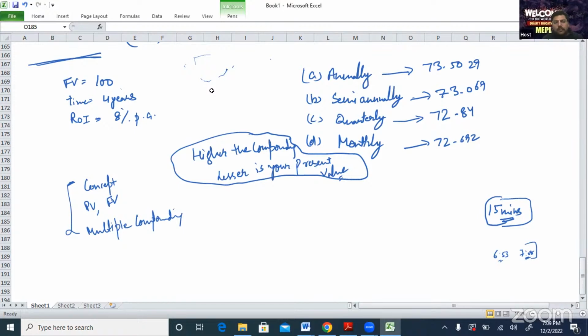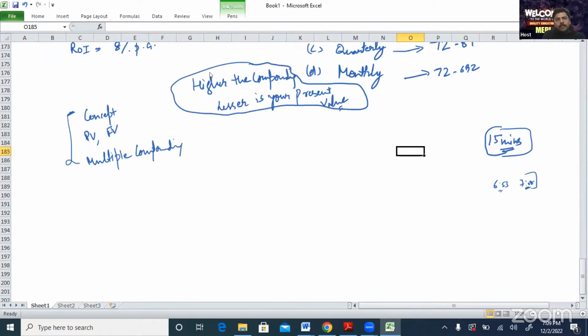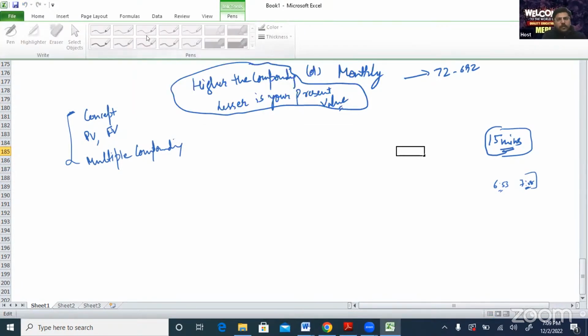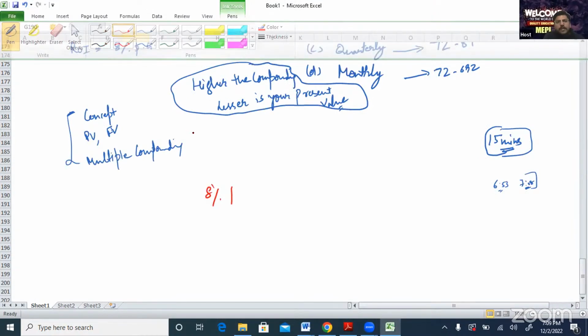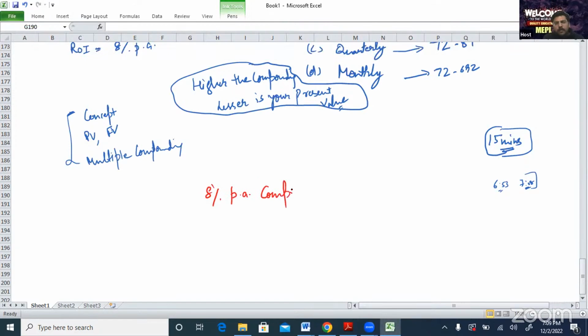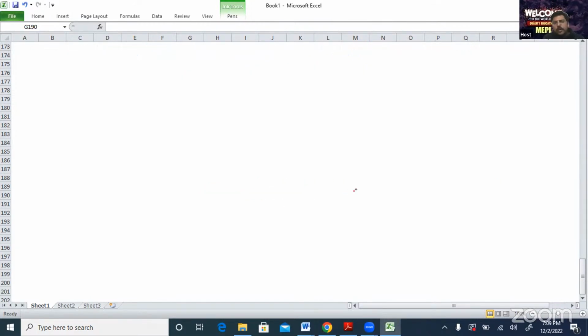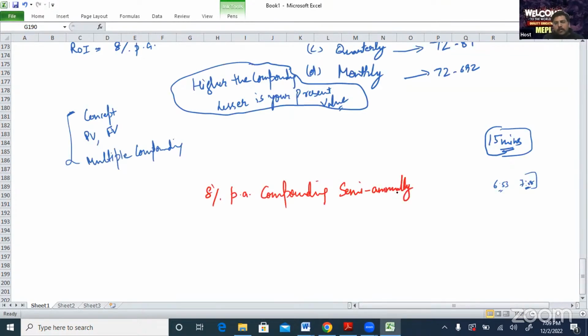Now the question is, if I am saying 8% per annum compounding semi-annually, then what is the effective return which I am getting?